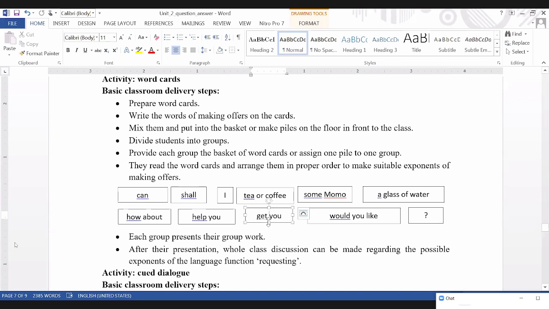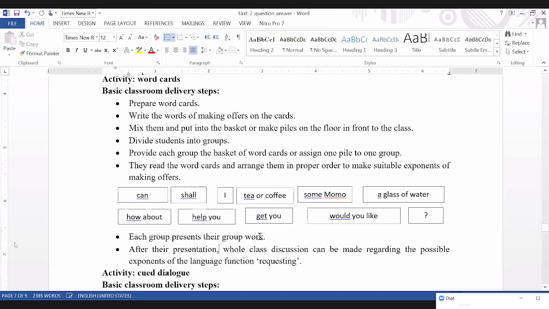So students get this kind of mixed word cards, randomly put, and they read one by one, and they try to match them in a sensible or proper order that gives sensible meaning. So in this way, students play with the cards. Students love to play with cards, love to play games. If they get this kind of opportunity, they enjoy it.